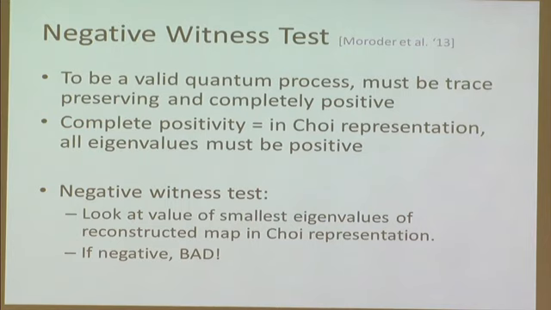So what we can do is test our reconstructed map from this whole procedure and see, do we have positive eigenvalues? If you see negative eigenvalues, that's a pretty good sign that there's some kind of systematic error in your process characterization procedure. Any questions on the negative witness test?